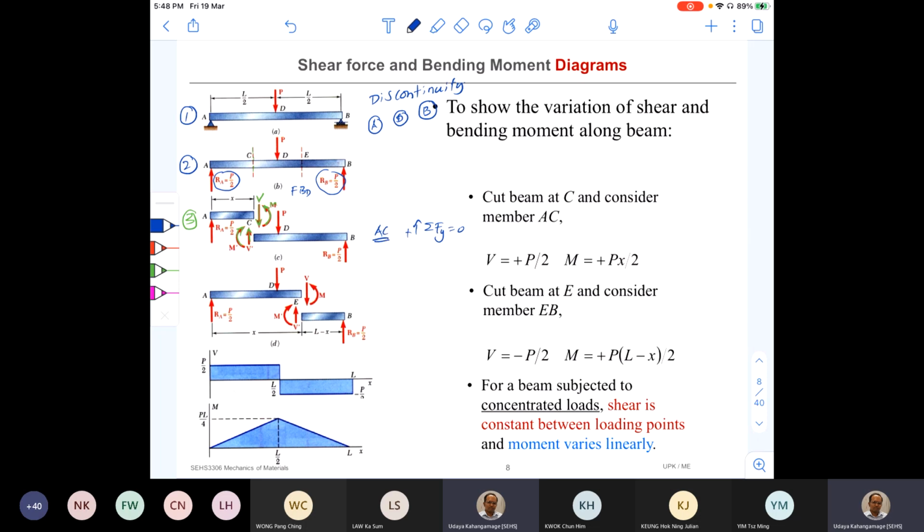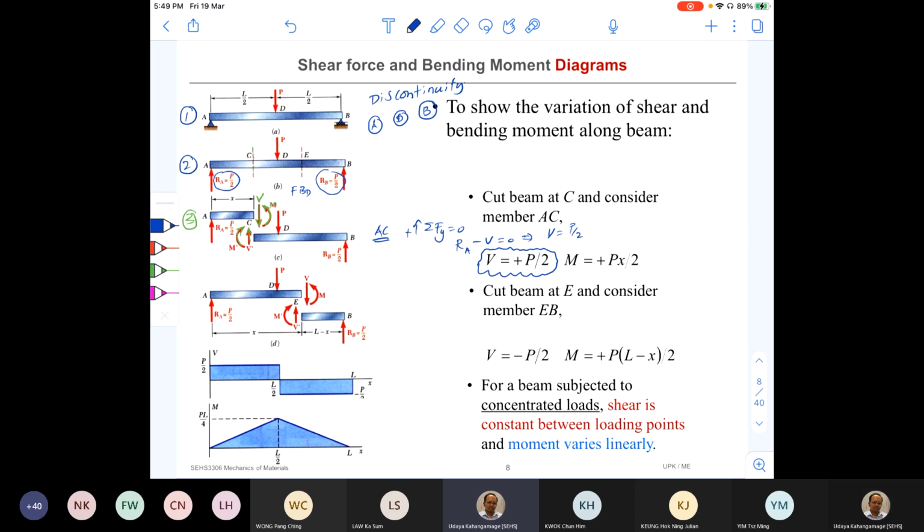I cut at a distance x to C. So RA minus V should be equal to 0. This says that V should be equal to RA, and RA is equal to P by 2. So that is how we get this. That means the shear force is a constant value from A to C, because there's no variable x in this equation. It is constant.